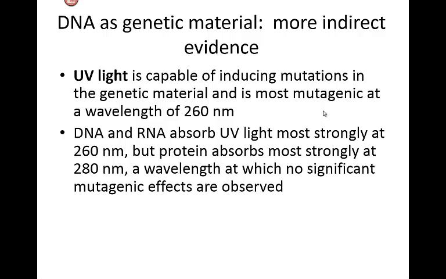However, if you give them UV light at 280, there are very few mutagenic effects that can be observed. And so again, this is support that DNA itself is the genetic material. This, however, does not exclude RNA as a potential genetic material.